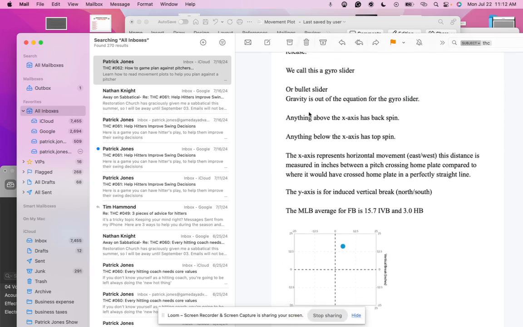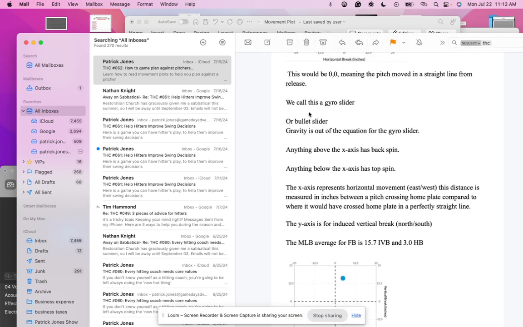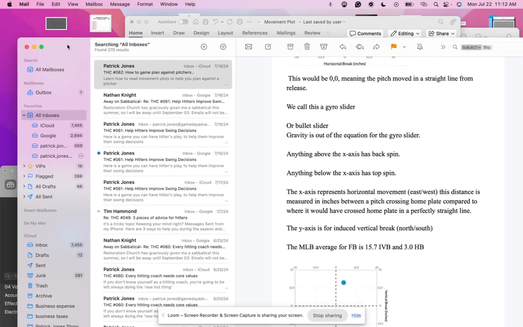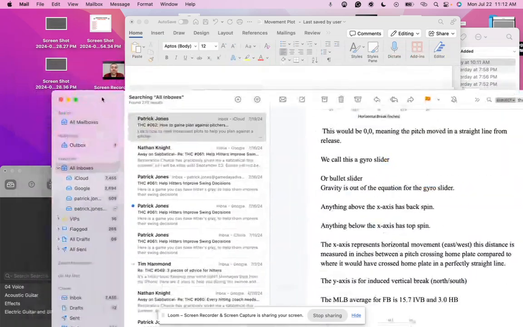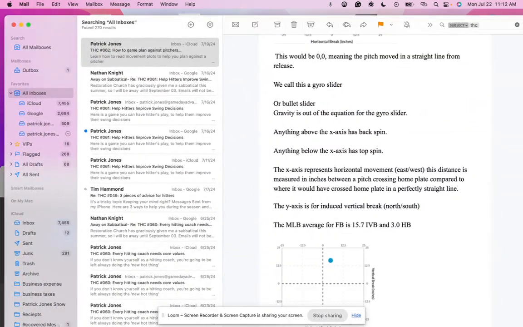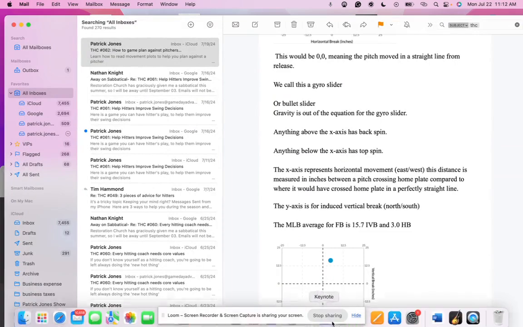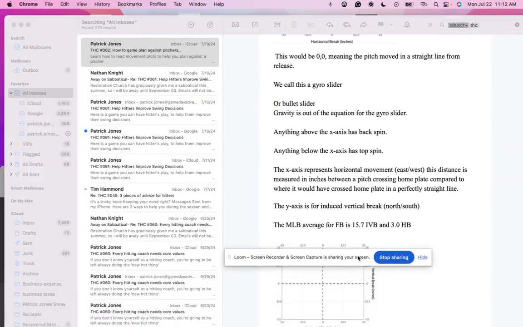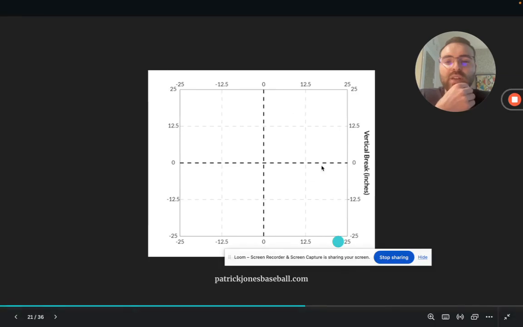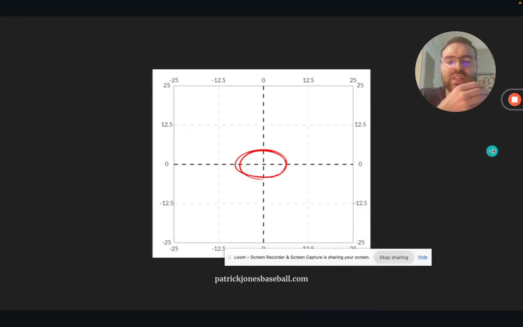When it comes to the X axis and the Y axis on this movement plot, the pitch right in the middle, 0-0, is what we call a gyro slider. View this as a ball that is just spinning in a straight line, like someone throwing a football where it's going straight, but spinning.